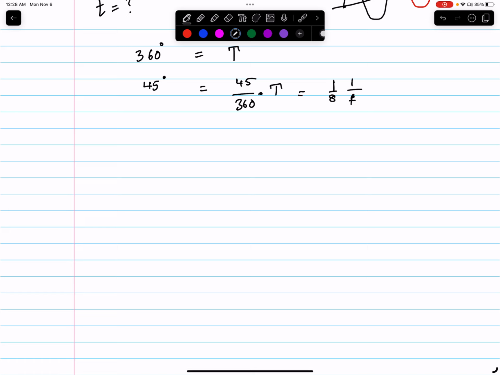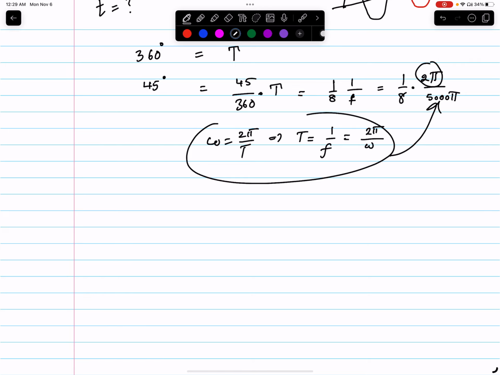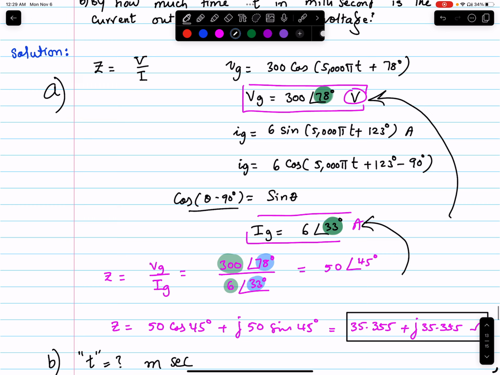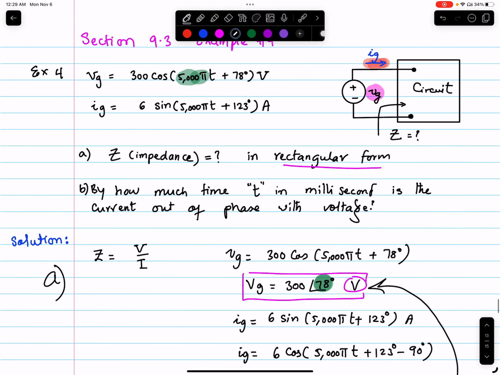Therefore, 1 over frequency is going to be 1 over 8 multiplied by 2 pi over 5000 pi, because omega is 2 pi over T. Therefore, T is the same as 1 over f, which is the same as 2 pi over omega. Omega is given to be 5000 pi.